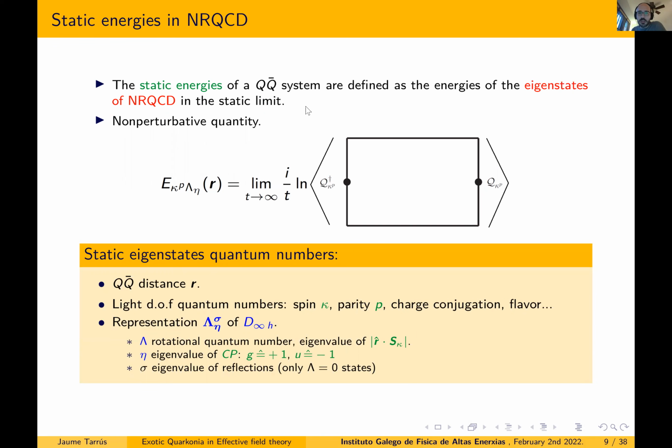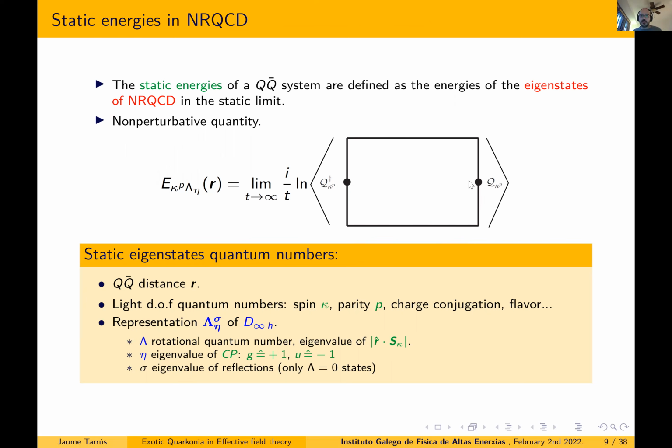Then one can look at the large time correlators of these NRQCD operators, and take the log, which gives the energy of the static eigenstate that overlaps with the chosen operator. With a specific choice of operators, one can write these correlators as a static Wilson loop with insertion of light degree of freedom operators, which carry the appropriate quantum numbers.